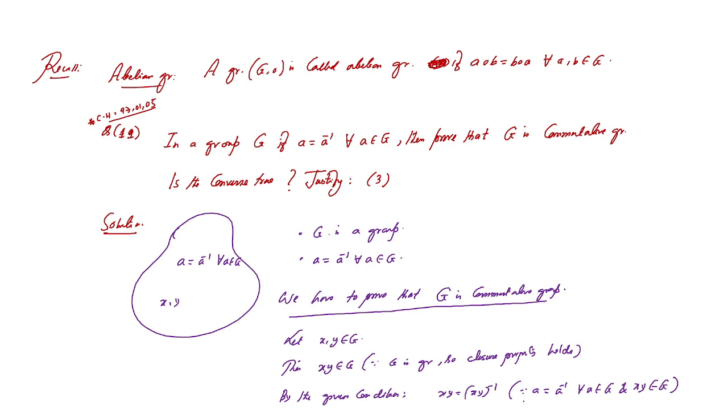And from that, we can write xy equals y inverse x inverse. Why? Because in a group G, (ab) whole inverse must be b inverse a inverse for all a, b belongs to G. This is a standard property of a group.